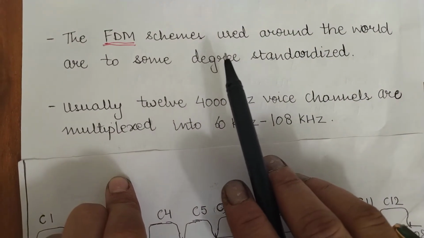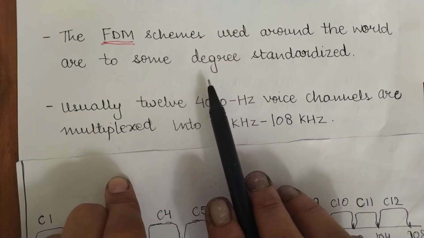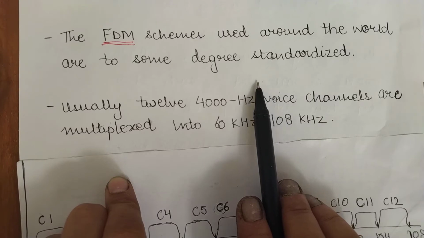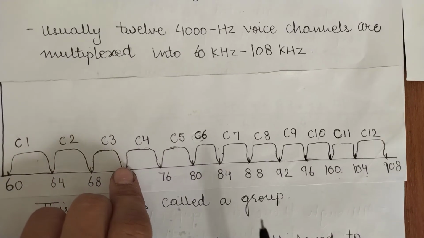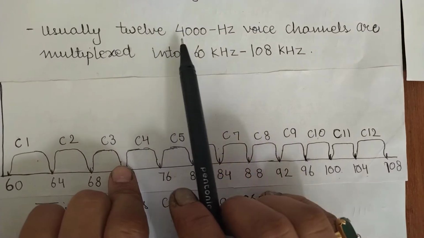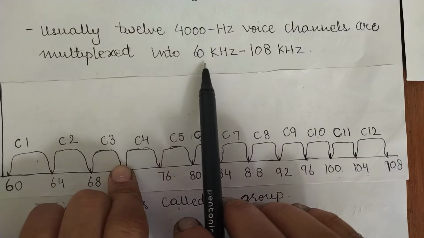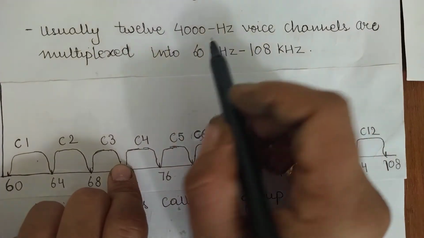So this scheme is basically used around the world, and to some degree this is standardized. That means standard frequency division multiplexing technique is used throughout the world. Now usually 12 4000 Hertz voice channels are multiplexed into 60 kilohertz to 108 kilohertz of ranges, right?